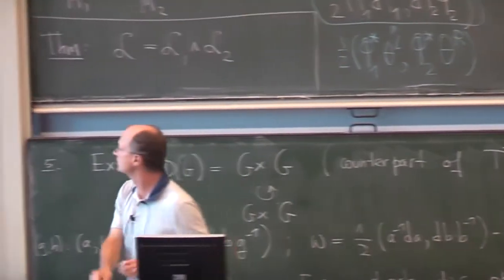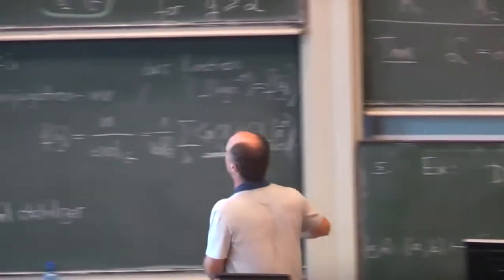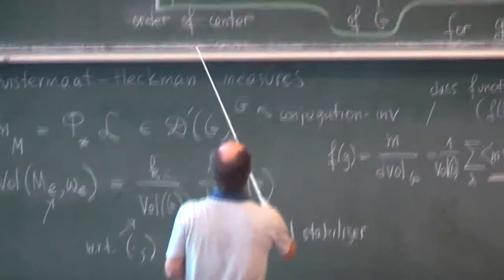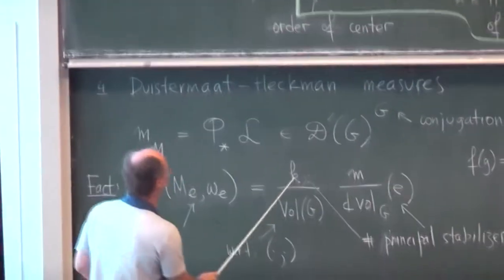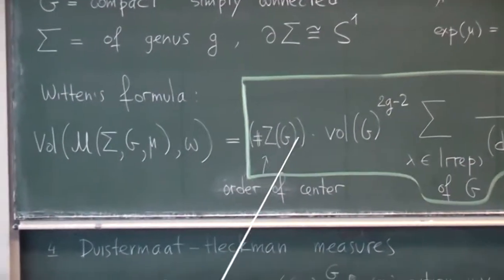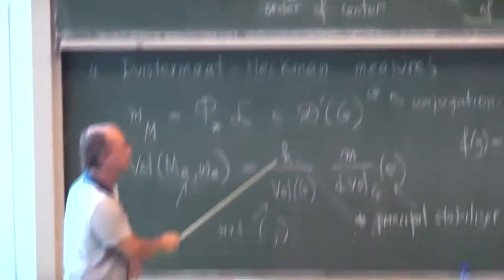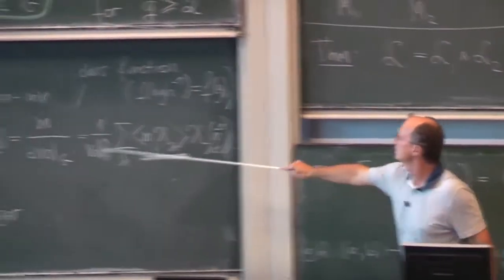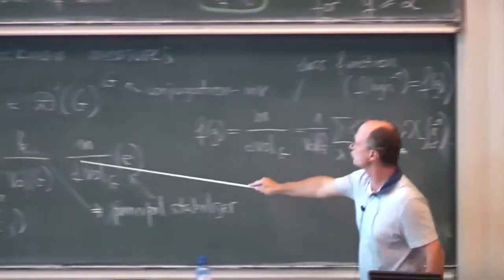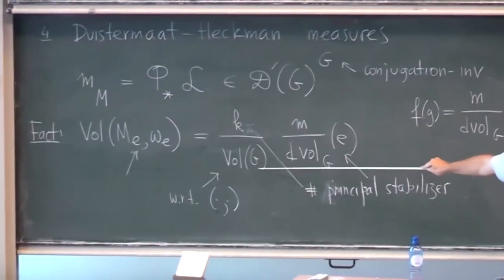So to conclude, we now see how this formula comes about. So there is this K. That's the number of elements in the center of G. That comes from this K. Now this volume comes from many sources. So there is a volume to the power 2g in the Fourier coefficient. There is 1 over volume in the Fourier transform, and there is 1 over volume in the Duistermaat-Heckman formula.